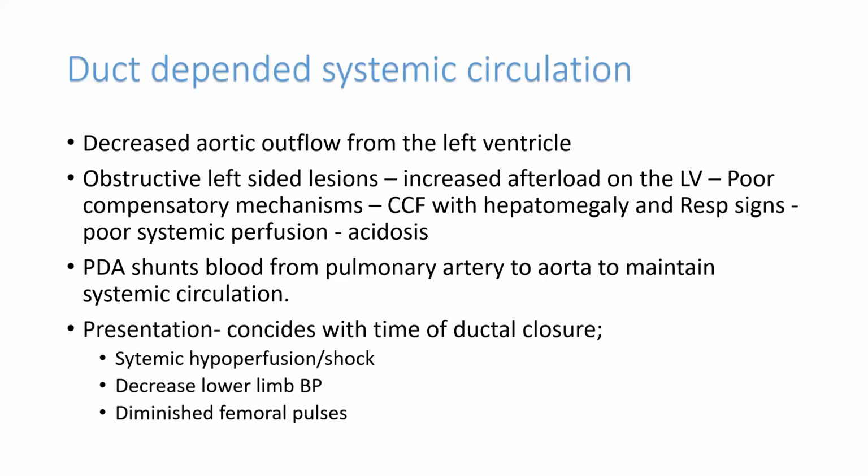They are acidotic as a result of metabolic acidosis due to hypoxia that is a result of poor systemic circulation. And therefore they present with systemic hypoperfusion, features of shock, features of heart failure, decreased lower limb blood pressure, especially if it is a coarctation of the aorta or interrupted aortic arch, and diminished femoral pulses as well.